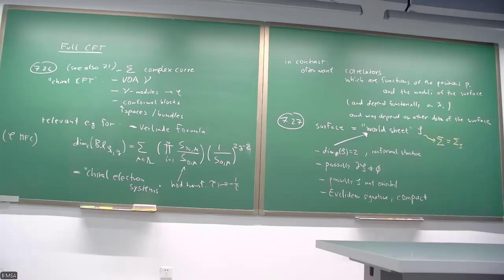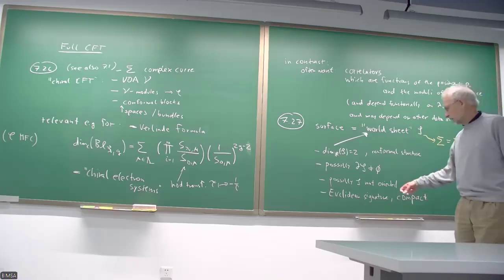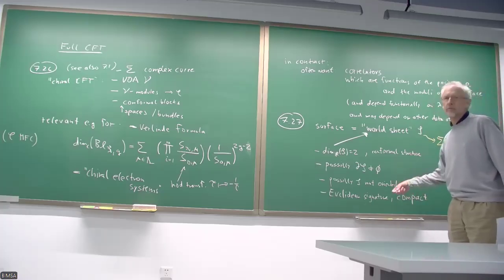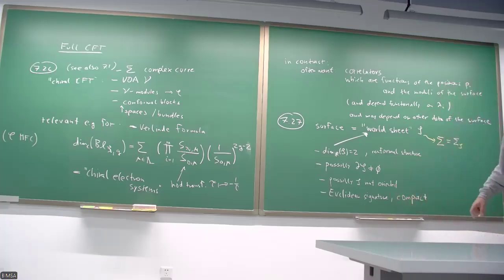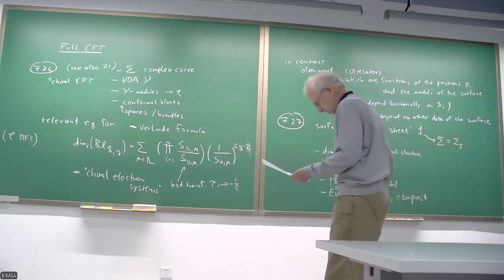Partly for technical reasons, but in applications you can also explain why this is a good idea. And on a compact surface, a metric with Minkowskian signature only exists if it has genus 1. So we want to allow for arbitrary genus.